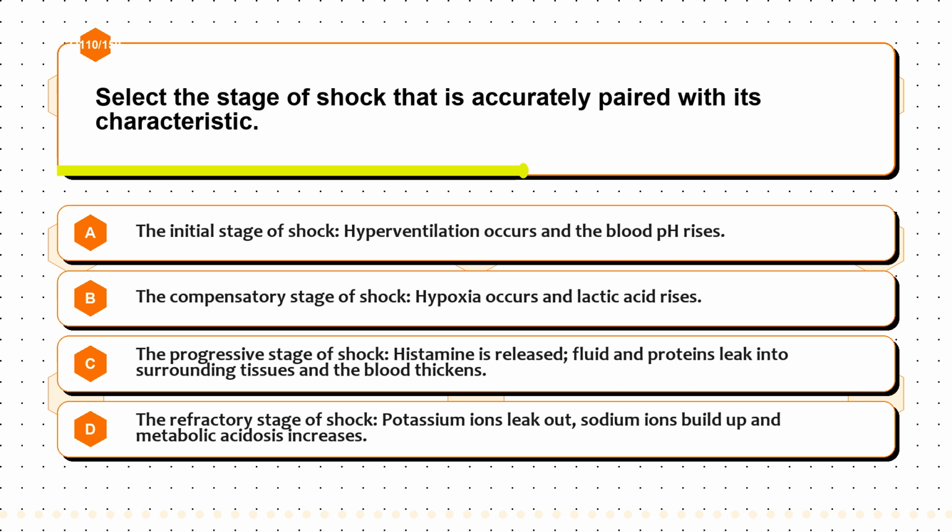Option C. The progressive stage of shock, histamine is released, fluid and proteins leak into surrounding tissues and the blood thickens. Option D. The refractory stage of shock, potassium ions leak out, sodium ions build up and metabolic acidosis increases.